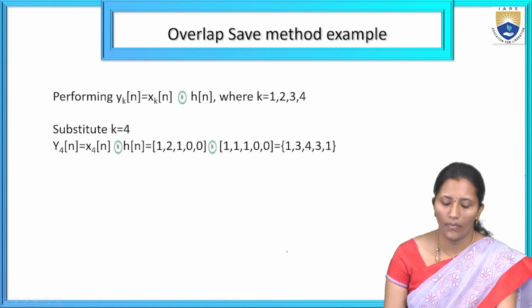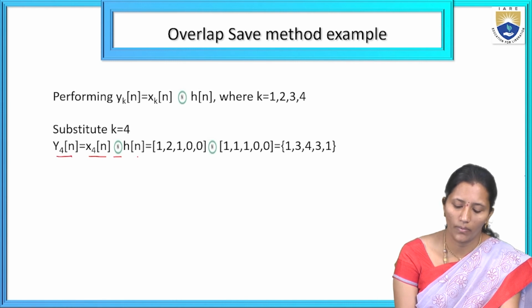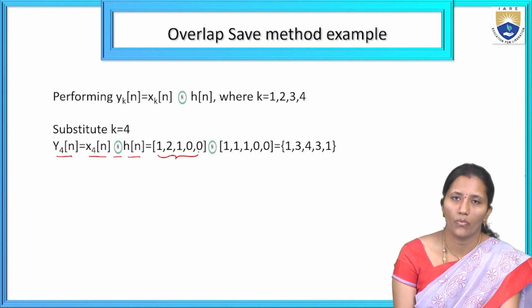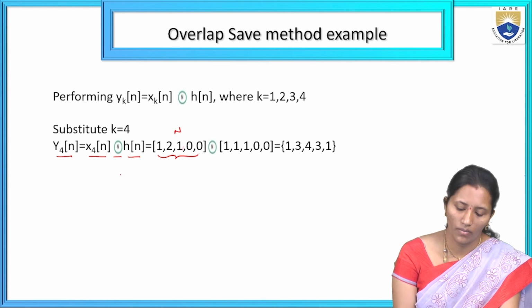Okay. We have x4 of n also, so we will get the y4 of n. So y4 of n is x4 of n circular convoluted with h of n. The samples of x4 of n are 1, 2, 1. For the last block we have to pad zeros, because only the last bit remaining of x of n is 1. So we are adding 0, 0 to make the length n. And h of n is 1, 1, 1, 0, 0. So here is the same procedure.